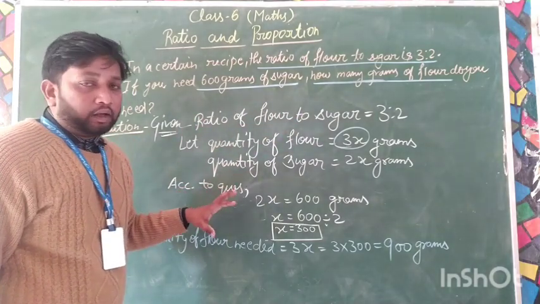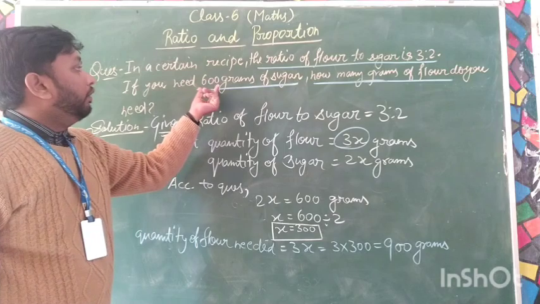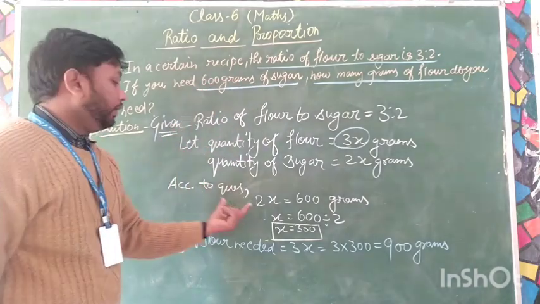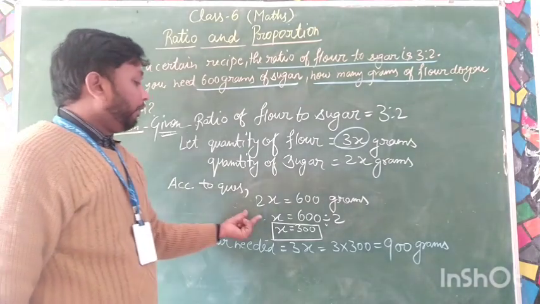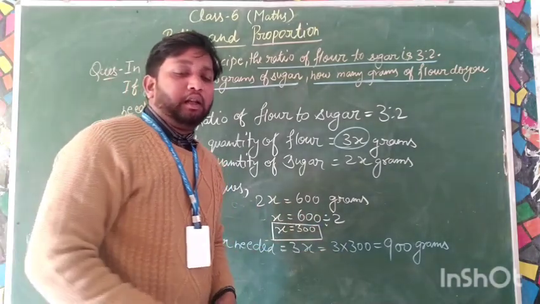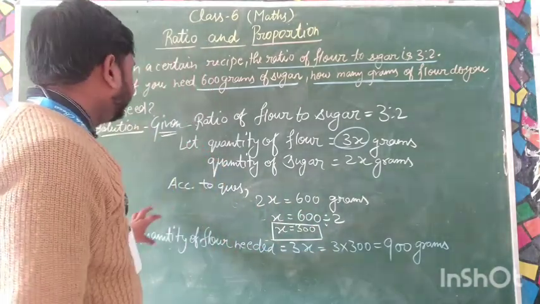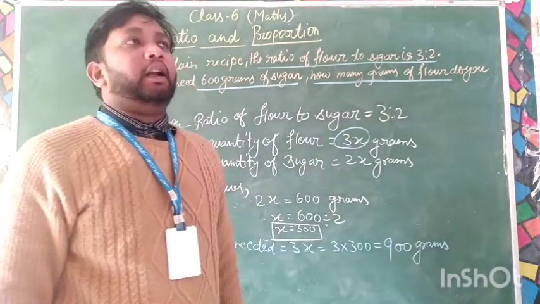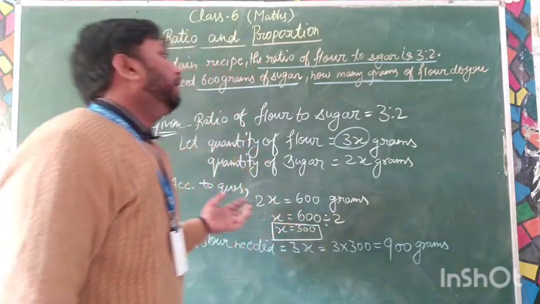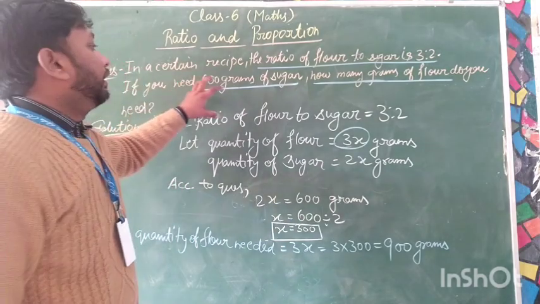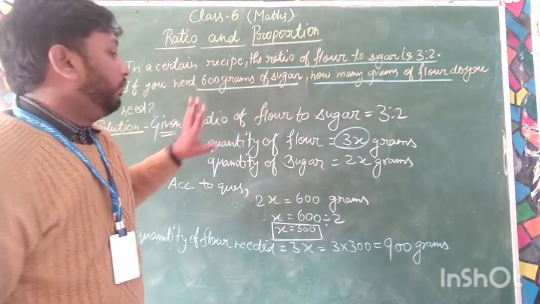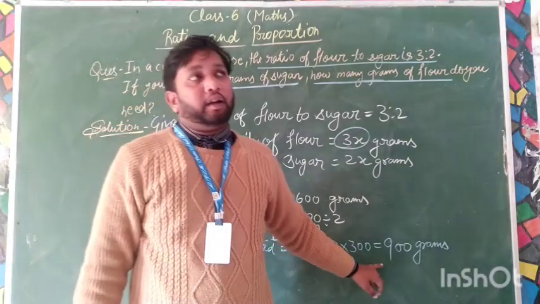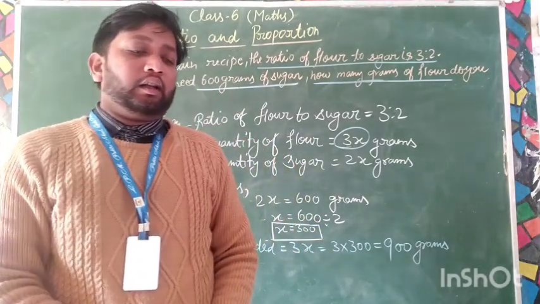Then we move according to the question and we find what quantity is given, and there we find the value of x, and then in the last we find what quantity we needed. In that case, the quantity we needed is the quantity of flour. So here we have found the quantity of flour, that is 900 grams.